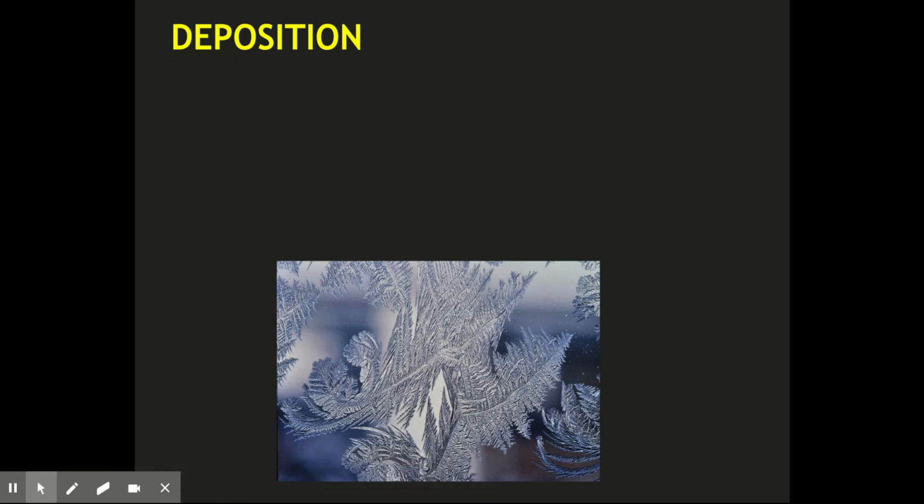And then we have deposition. Okay, deposition is a phase change from a gas to a solid. And that will happen when it's really, really cold outside and you look at your windows and your windows on the inside or outside in your house are covered in ice, just like this. There was no liquid.